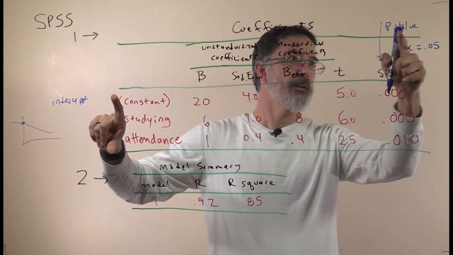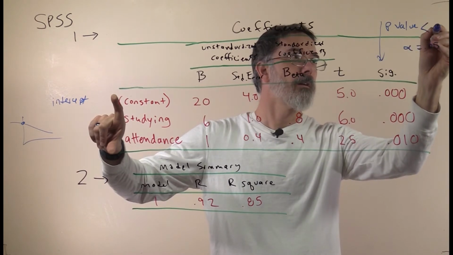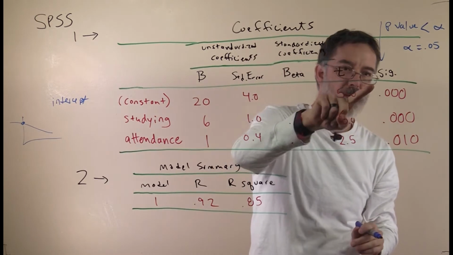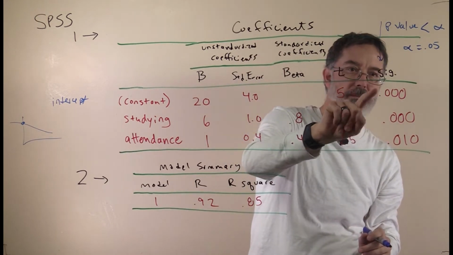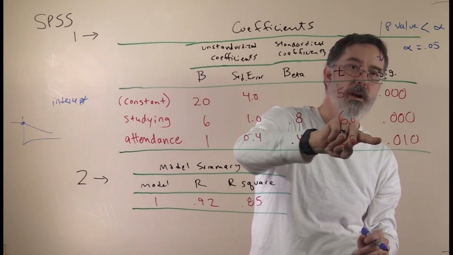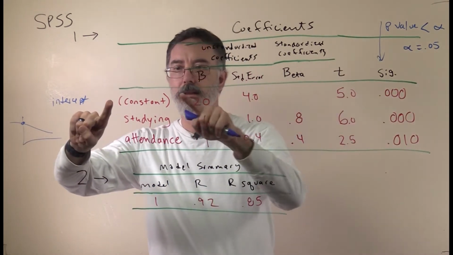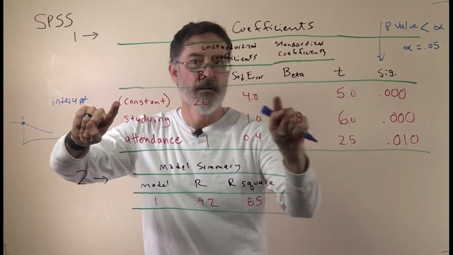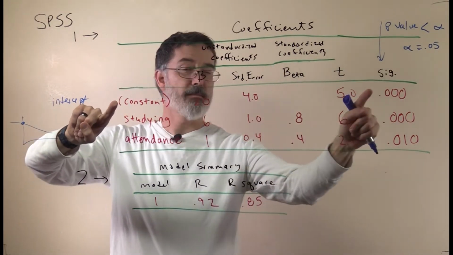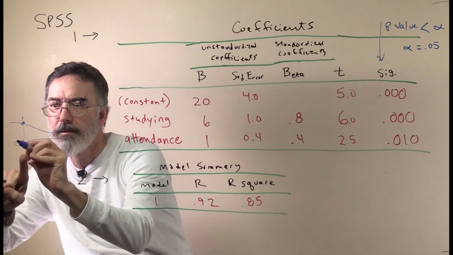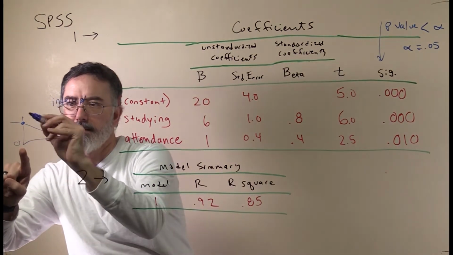And if our p-value is smaller than alpha, then you reject the null hypothesis. And so here we reject all 3 null hypotheses because each of these is smaller than 0.05. So the way you would interpret that for these is this is significantly different from 0.